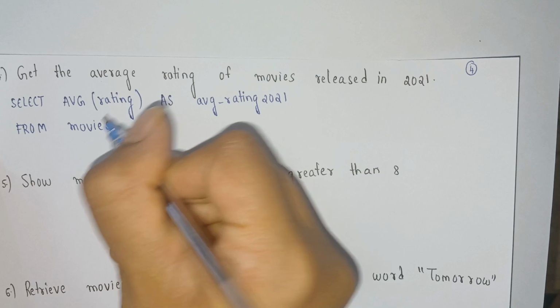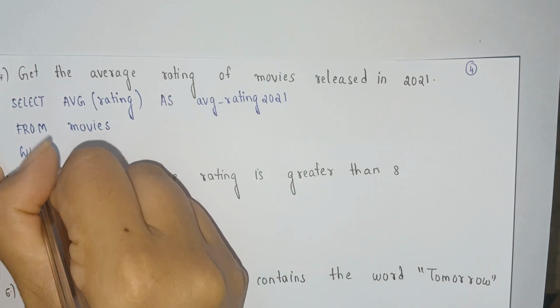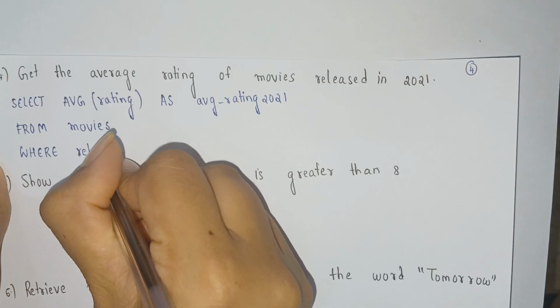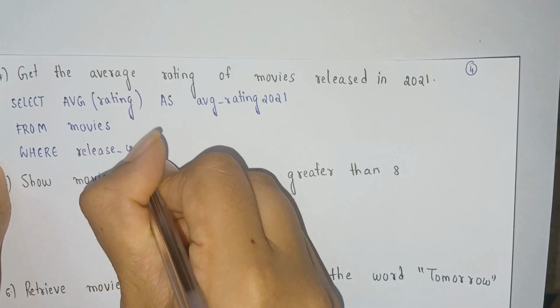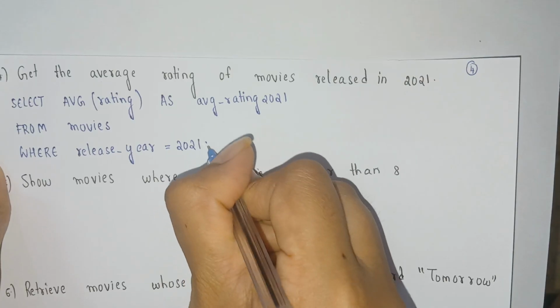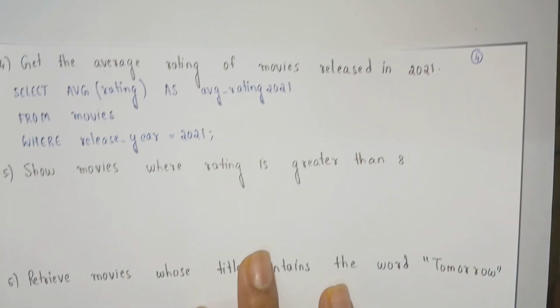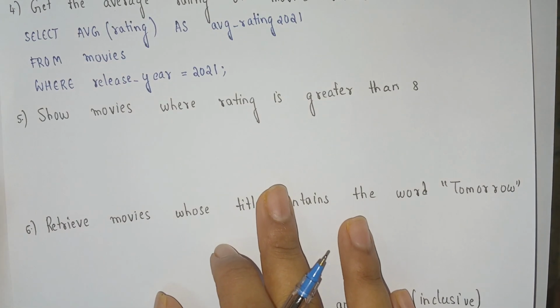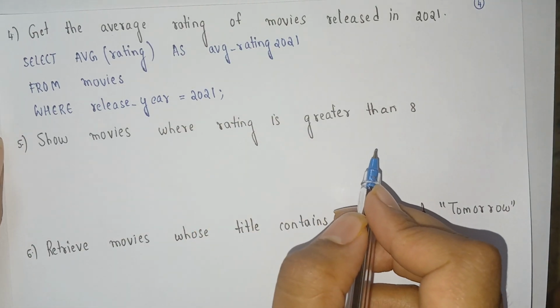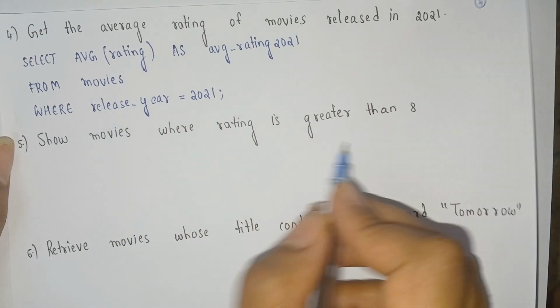and they have given a condition where release year equal to 2021. So in this way you will be able to fetch the average rating. Next, show movies where rating is greater than 8.